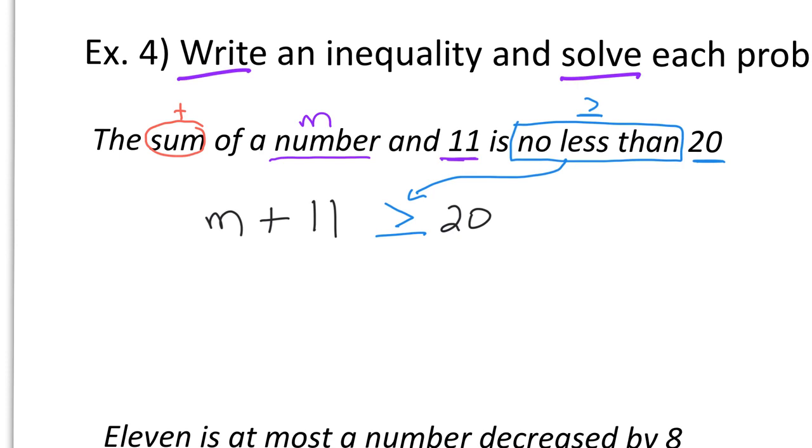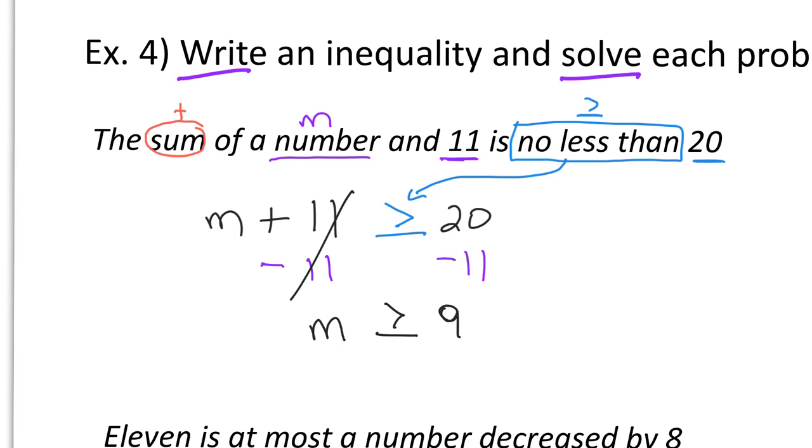So that's the inequality, but now we just want to solve it. I'm going to get m by itself. I'm going to subtract 11 from both sides. So I'm going to have m, bring down the inequality. This cancels right there, and we have 20 minus 11, 9. So we have our answer: m is greater than or equal to 9.